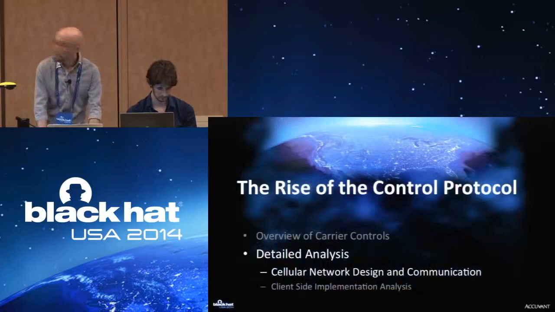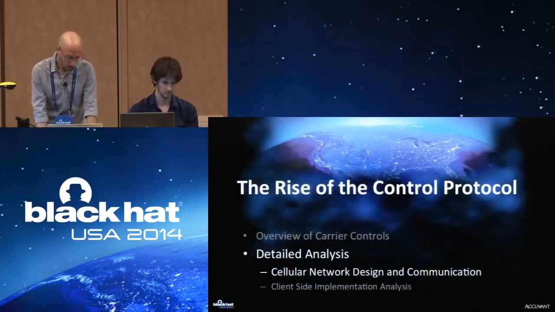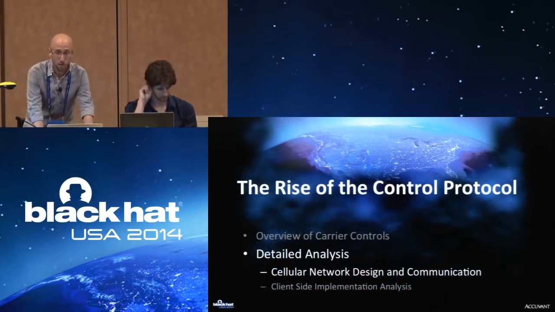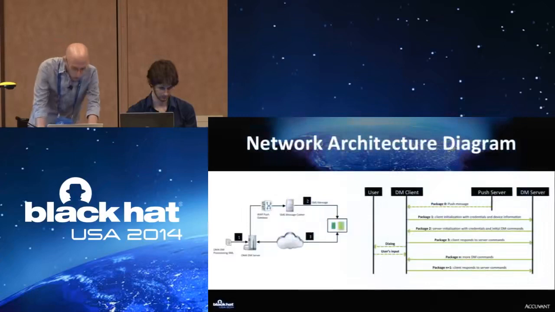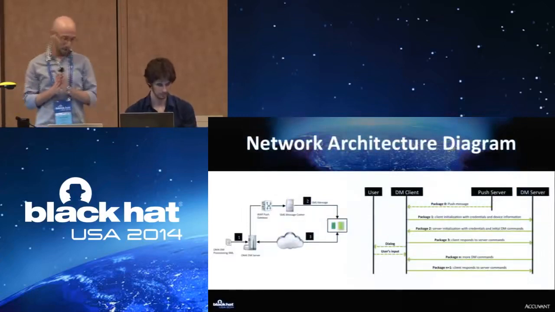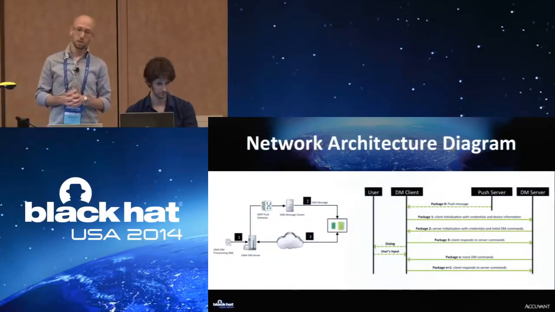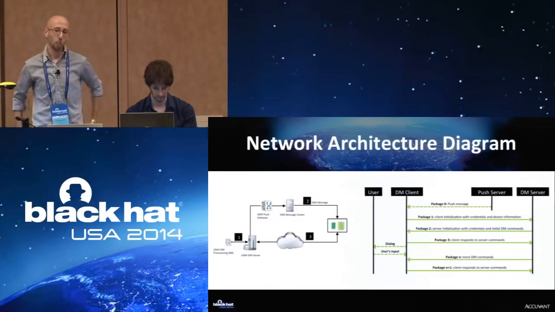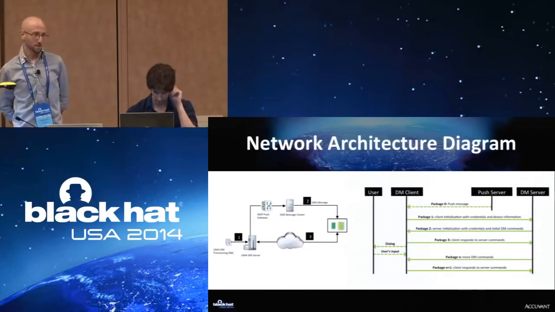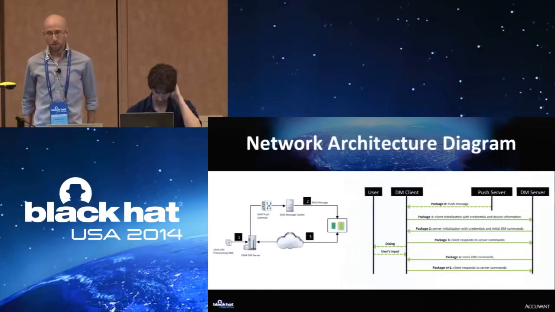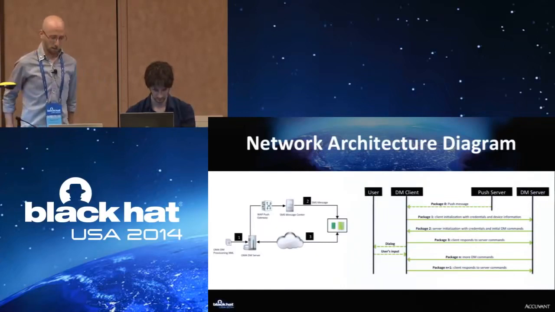So, rise of the control protocol. Detailed analysis. We're going to talk about the network design and communications. Pretty much what happens is when the carriers want the devices to communicate, they will typically send a WAP push to the clients. WAP push hits the SMS gateways, WAP gateways, over the networks to the client.